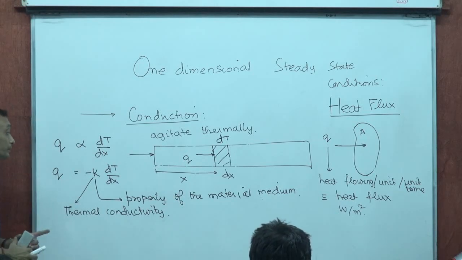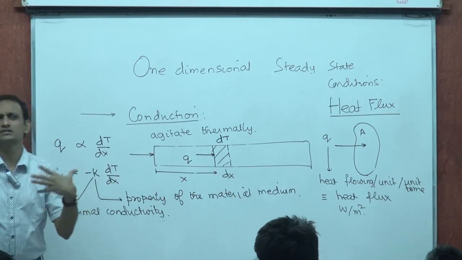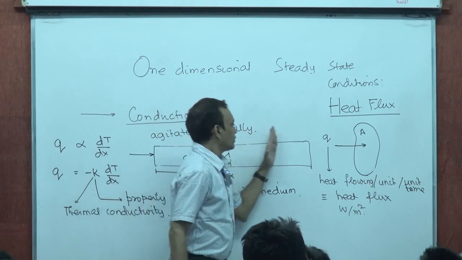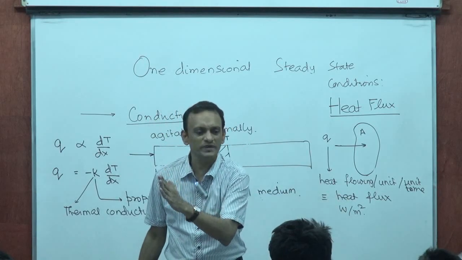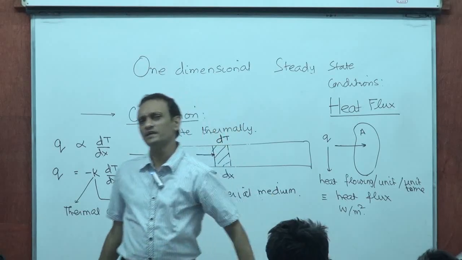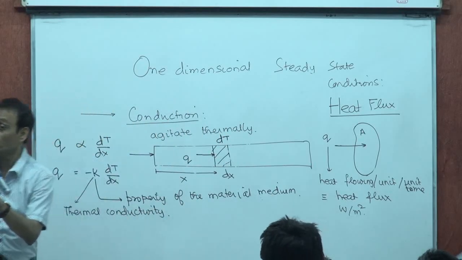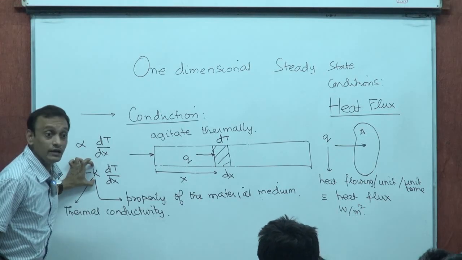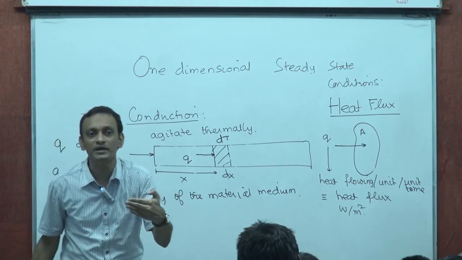Now, as far as this k is concerned, different cross sections in general would be at different temperatures. Very realistically speaking, k is a function of temperature, but it's a very weak function of temperature.